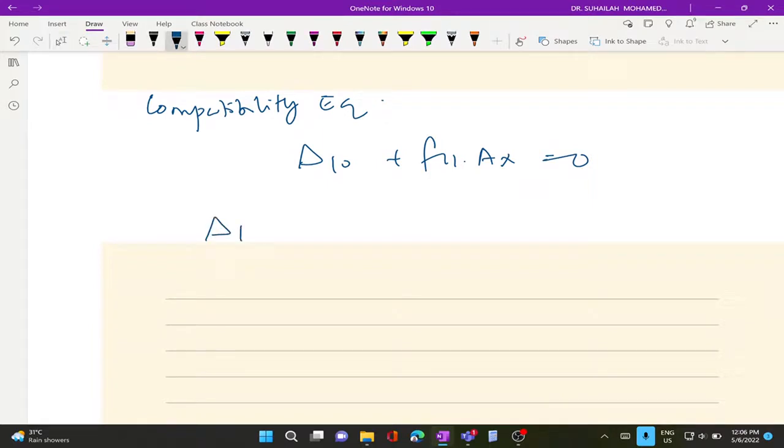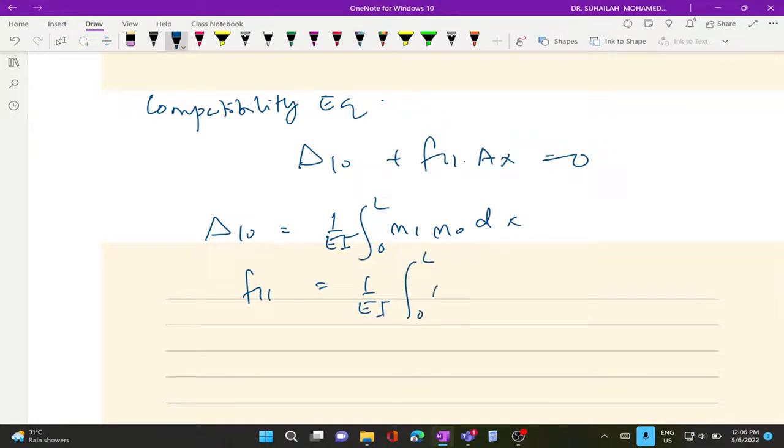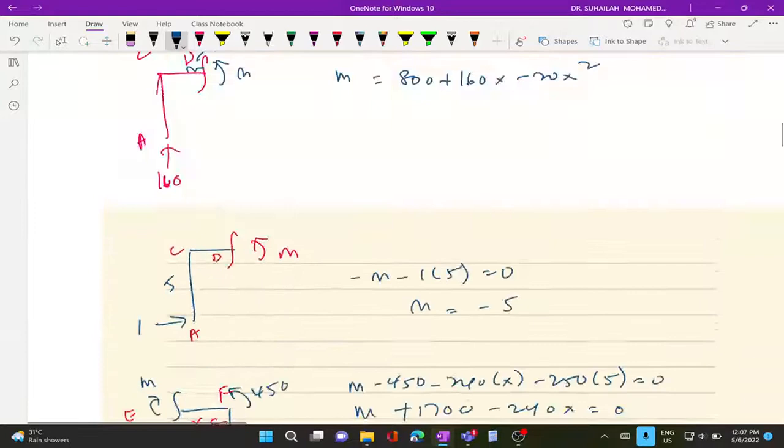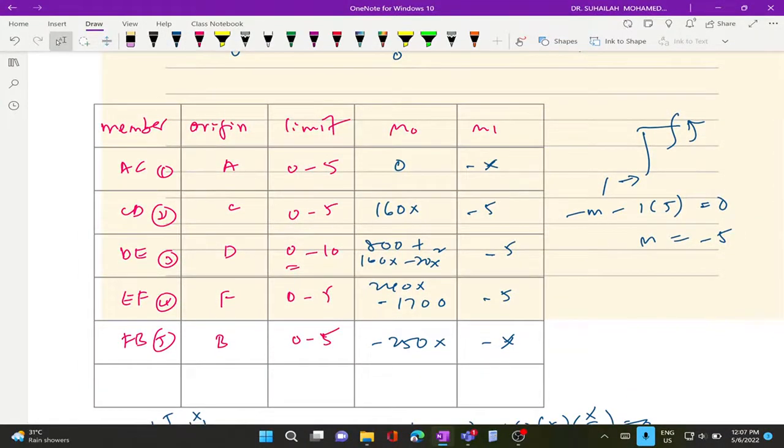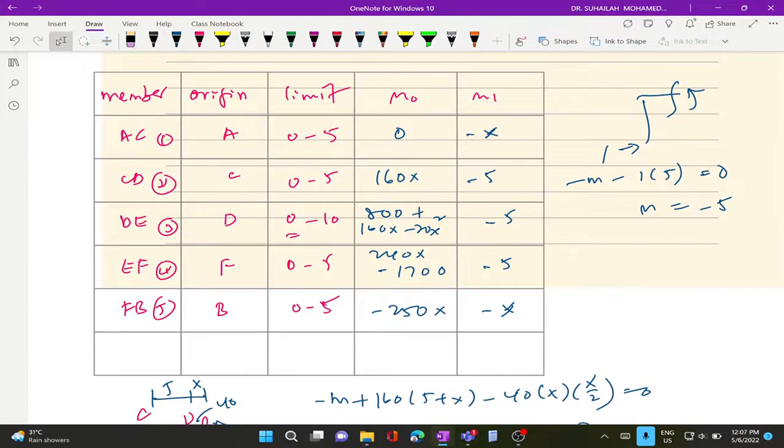So there are two displacements: delta 1 naught is 1 over EI integral from 0 to L of M1 M naught dx, and F11 equal to 1 over EI integral from 0 to L of M1 squared dx. So simple lah, dia macam yang previous exercise. I just add horizontal load and moment.